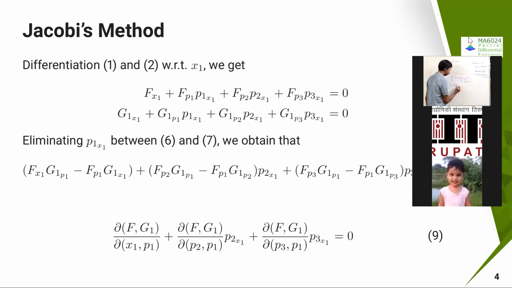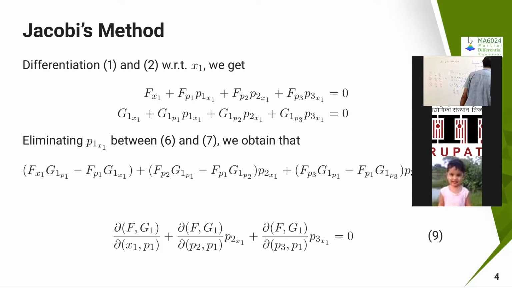So this meaning is that this is nothing but dou f by dou p1 into dou p1 by dou x1. This is the meaning of this one. Similarly, I'm going to have fp2 into p2 x1, with respect to x1 only I'm differentiating. Similarly, fp3 into p3 x1 is going to be there, equal to 0.